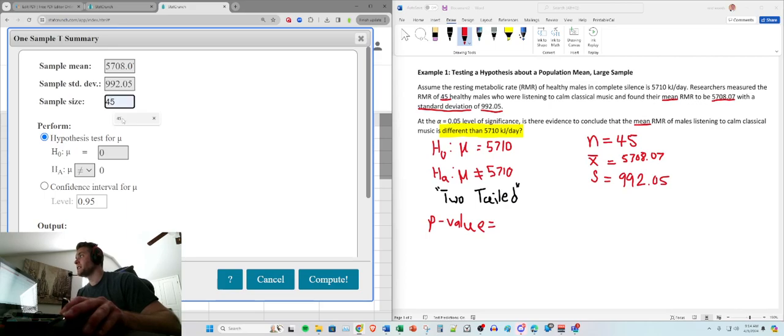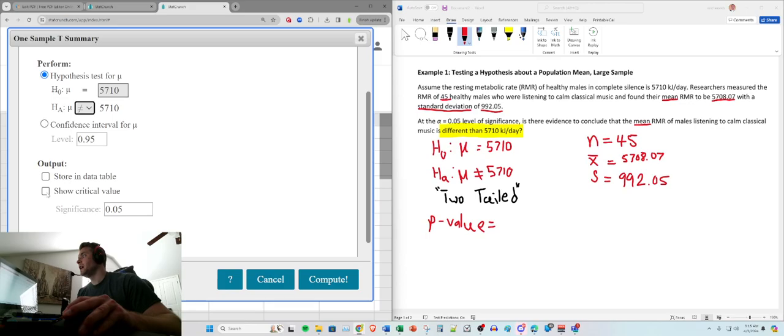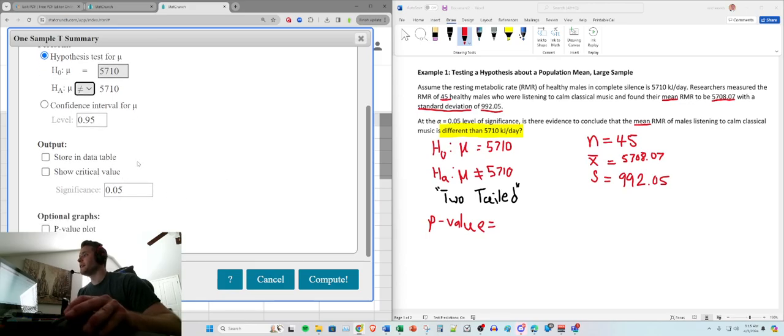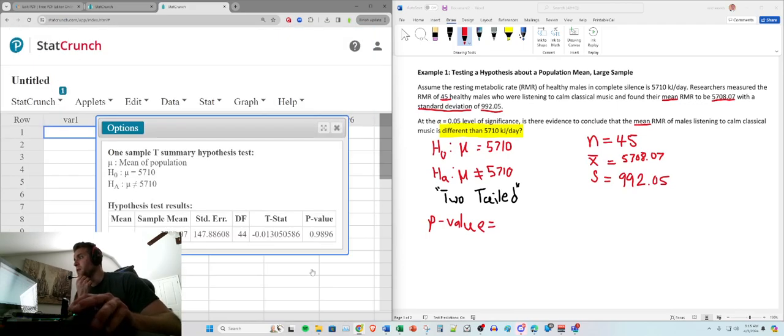And then the sample size is 45. So we don't have to worry about degrees of freedom or anything like that. We do need to test this hypothesis, so we're going to type in our 5710, and we're just saying it's a not equal to. We don't really need to touch any of these other parts. We're just going to hit compute.